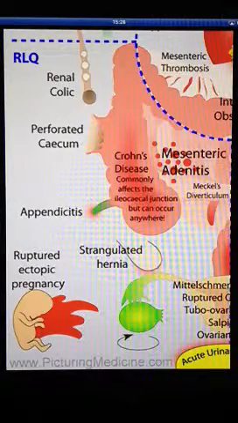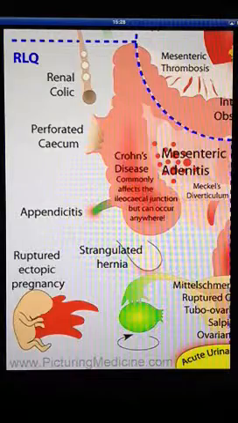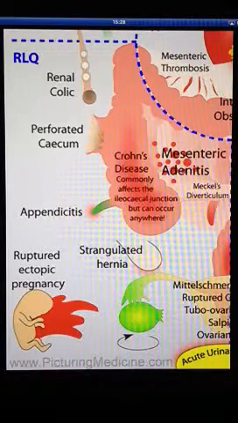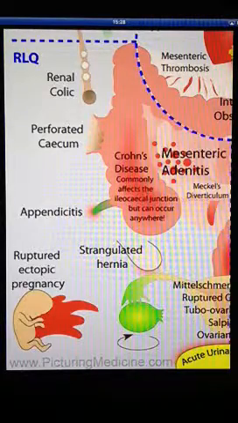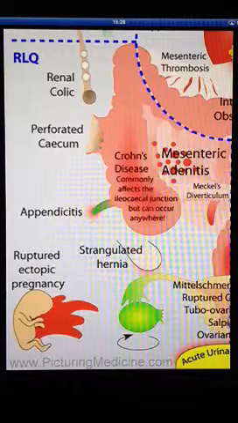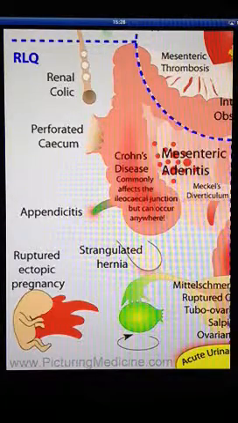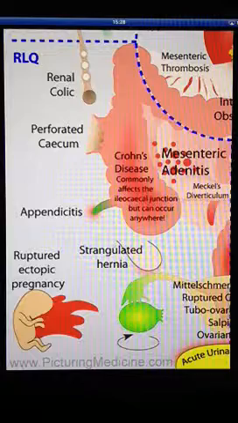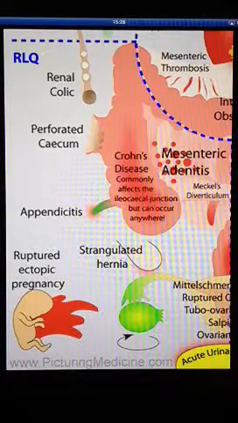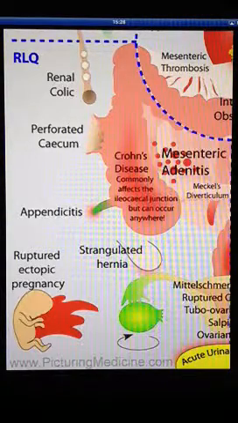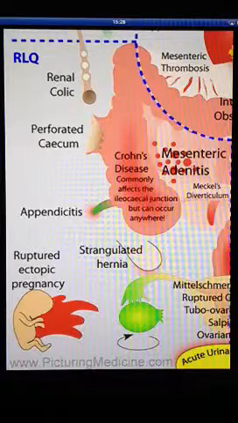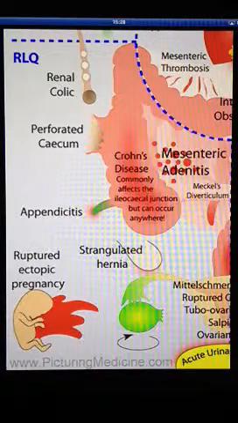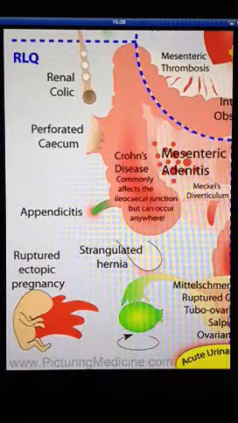A Meckel's diverticulum is illustrated here on the diagram. This is a congenital outpouching from the small bowel, which can lead to pain when they become infected or inflamed. Often, Meckel's diverticulae are associated with what's said to be the rule of twos.